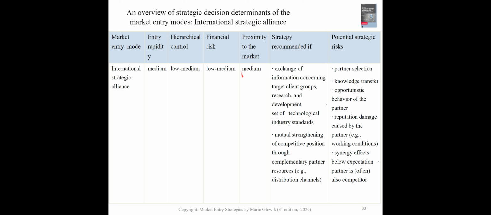And I highly recommend that you also go through the other sessions, which are titled Market Entry Strategy, Contractual Market Entry Mode, and then there's another session titled Market Entry Strategy, Cooperative Market Entry Modes. And then there's a third session available titled Market Entry Strategies with a focus on foreign direct investment.